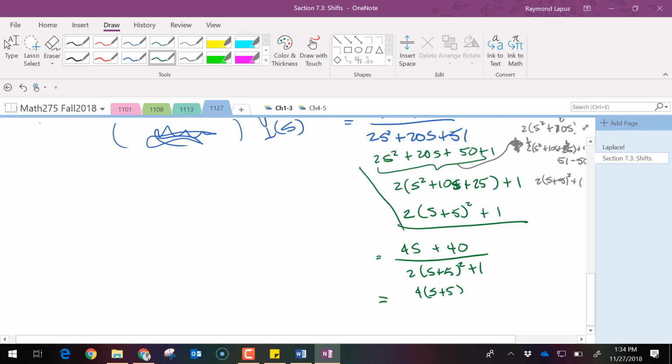Now, I don't want to change the numerator's expression, but I do want to have an s plus 5 there. So I essentially added a 5 times 4, so I need to subtract a 5 times 4. That's 20.